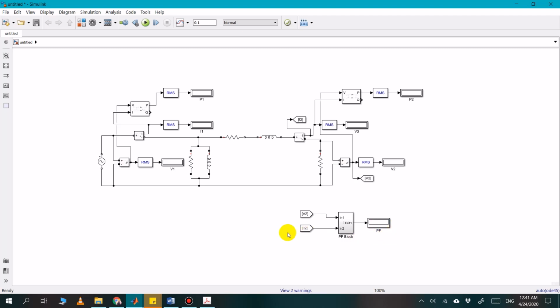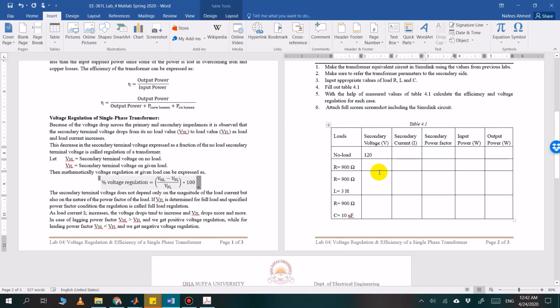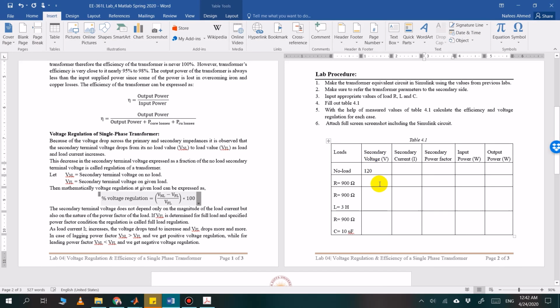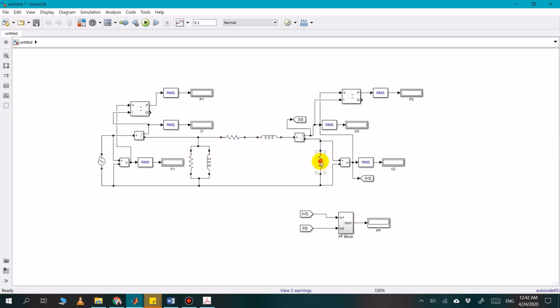Okay, so now we are ready. First we have to find the no load voltage. So for no load voltage we have to remove this.